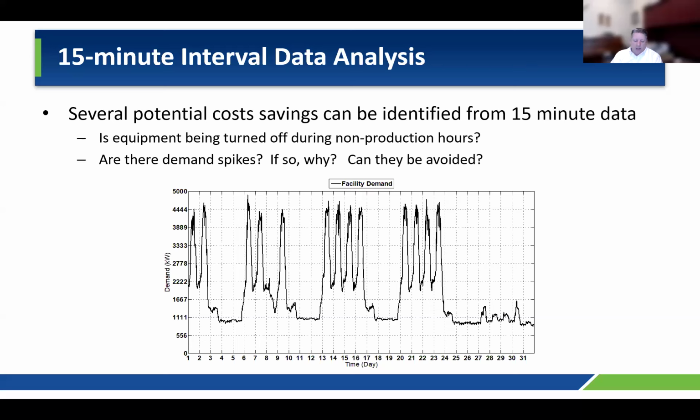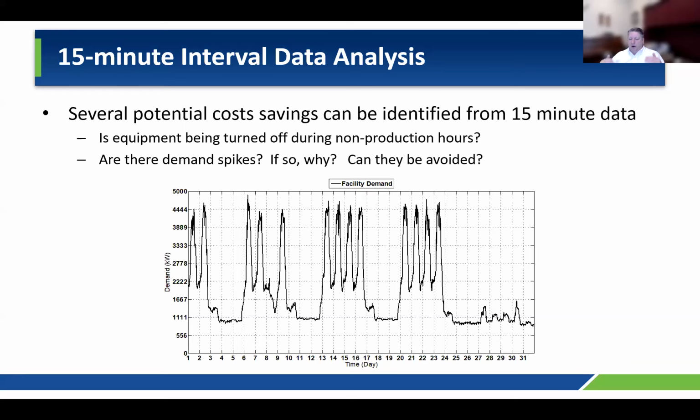Not only can we tell what the production schedule of this facility is, typically 4 days a week, but we can see that on weekends their power usage is about 1 megawatt, and that during non-production hours during the nighttime it's about 2 megawatts. So what we can see from this is there might be opportunities for turning off equipment during non-production hours.